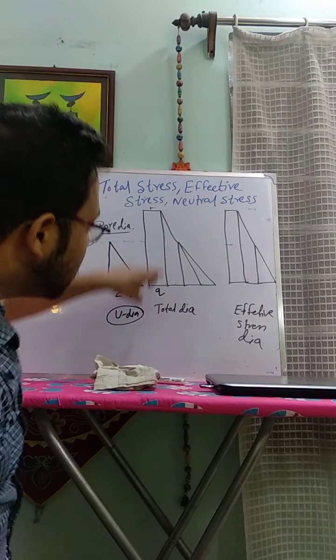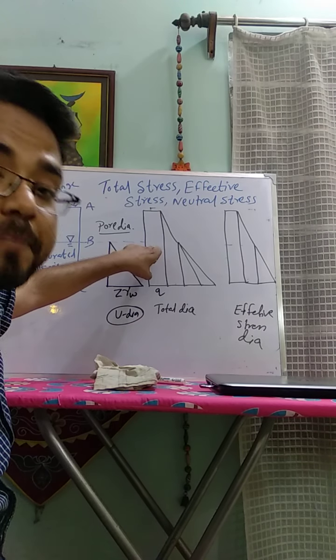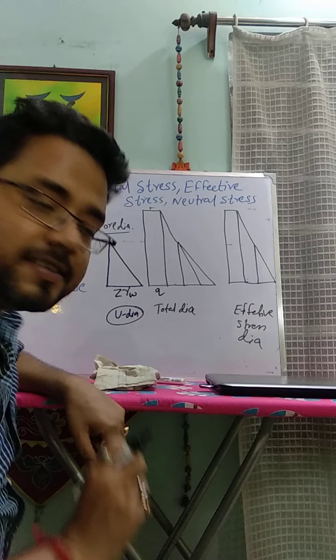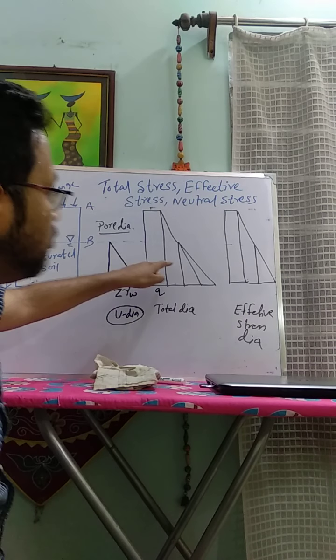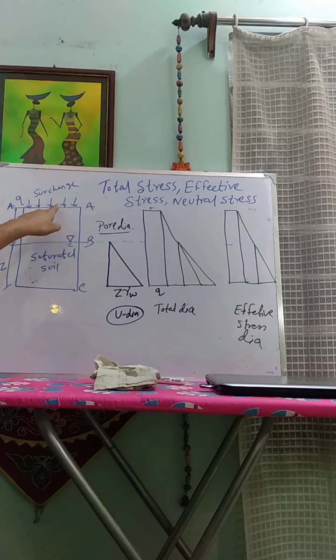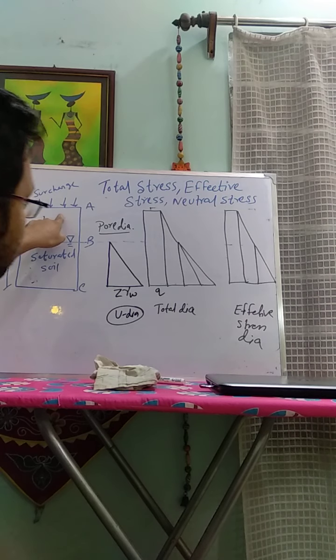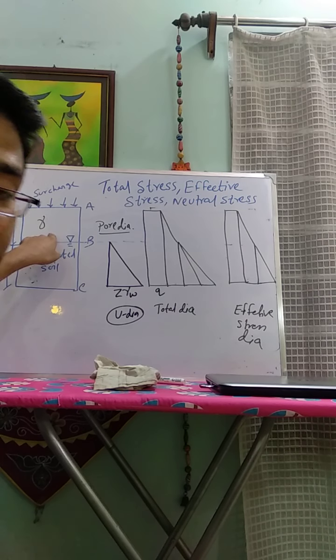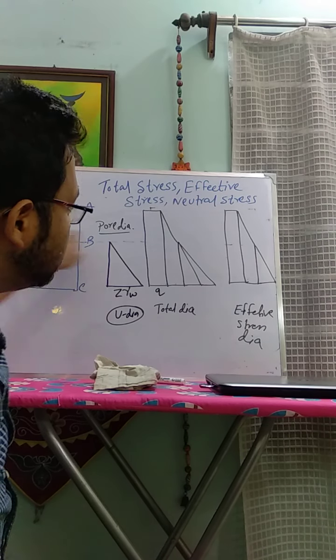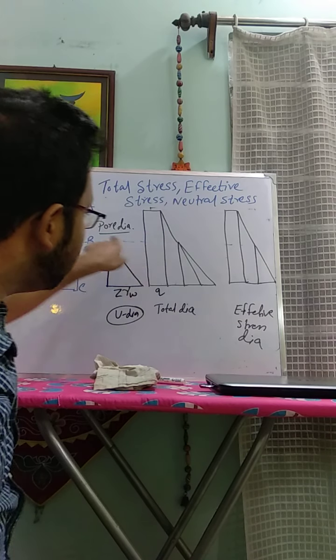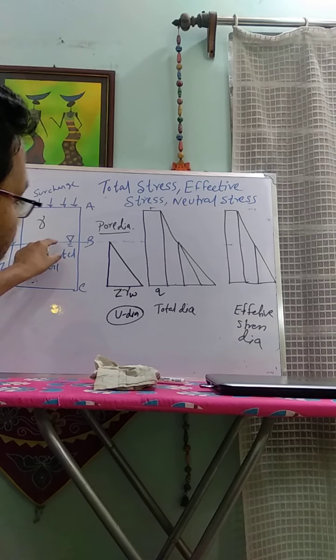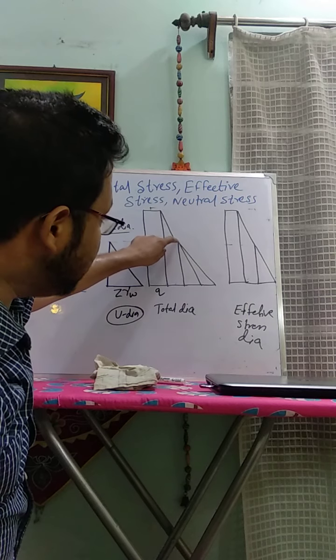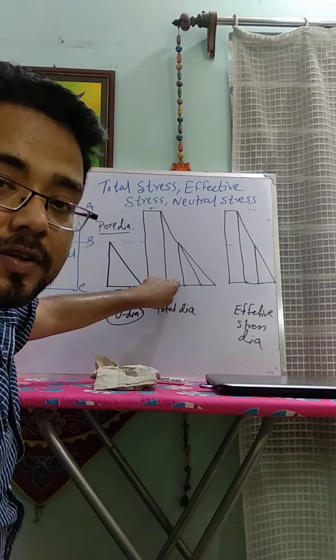That's why this diagram represents the stress due to surcharge. And for this soil, the unit weight is gamma, so it goes up to this BB plane, and then it is saturated, and this goes through up to CC.